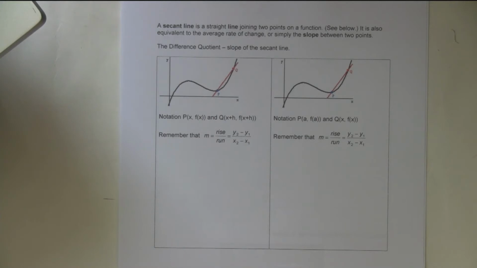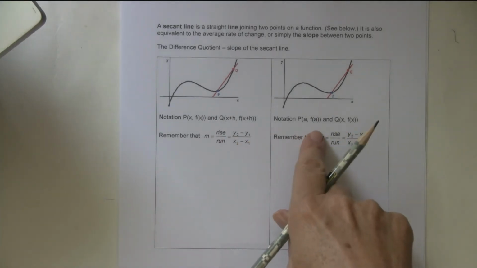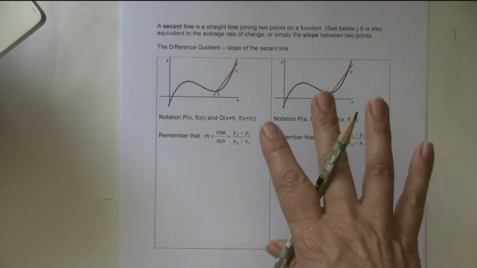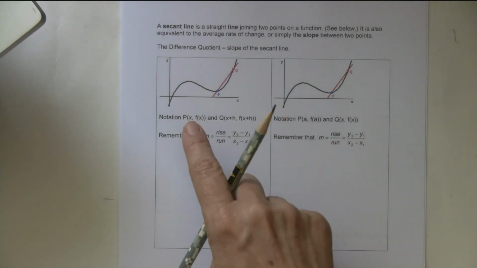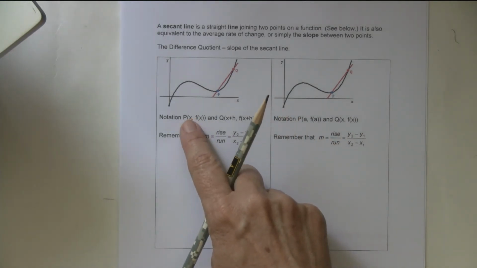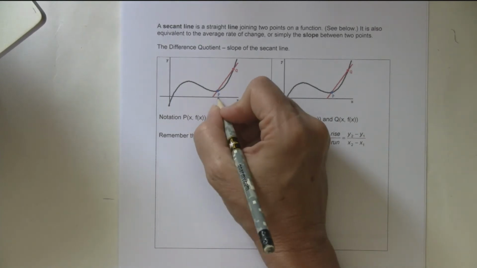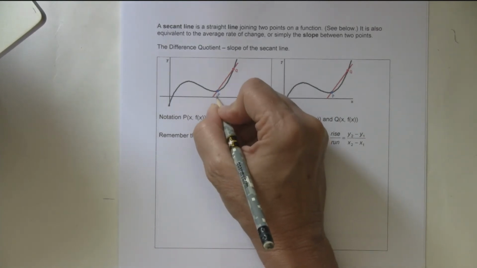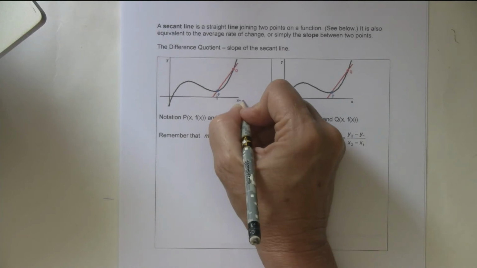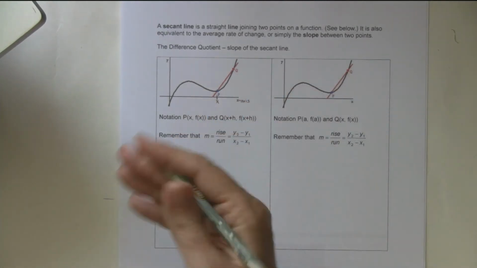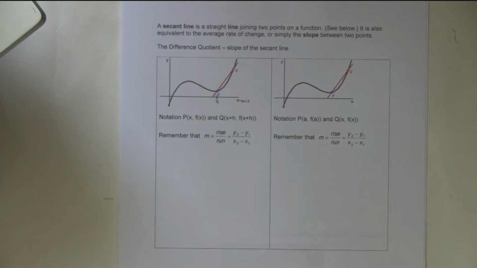And I just wanted to show you that there are two different symbols to represent the difference quotient, but they're exactly the same. And so if I call P x comma f at x, this right here is the x-axis, right? And this is a generic x. So that could be over there 4, or that could be over there 5, whatever it is.